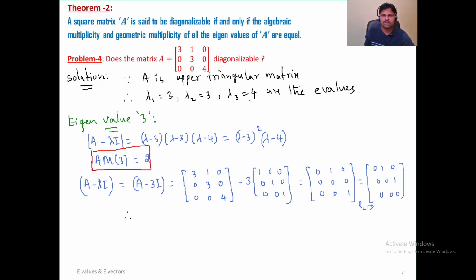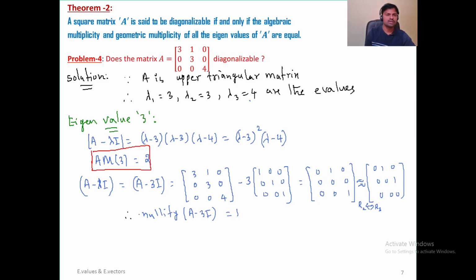Now this is a reduced echelon form matrix, and in this, what I want is the nullity of A minus 3I. Nullity is the number of zero rows, and the number of zero rows is only 1.